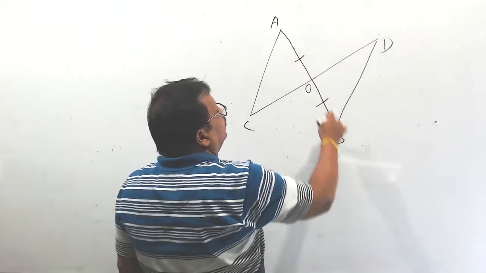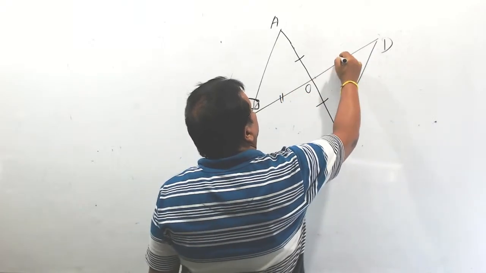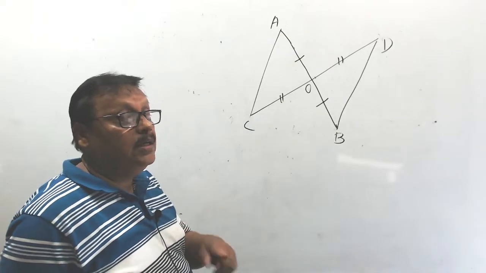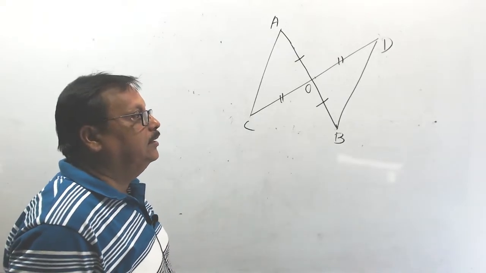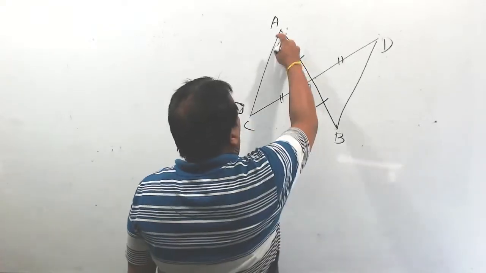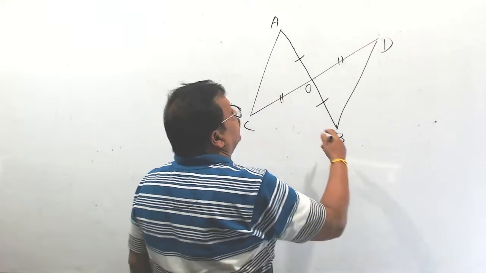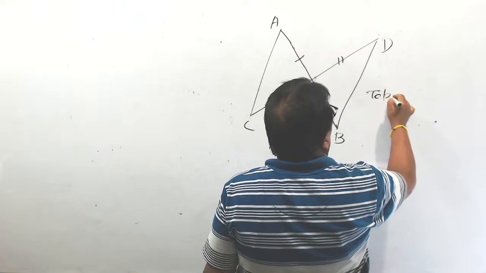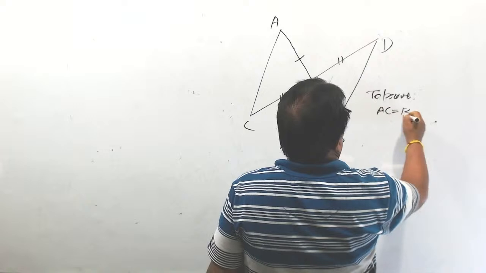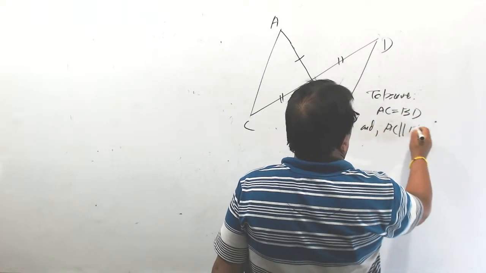Midpoint of AB and CD. Then this length will be equal to this length, that is AO is equal to OB. It's given according to the figure. And CO is equal to OD. These two criteria are given. You have to prove AC is equal to BD and AC parallel to BD.